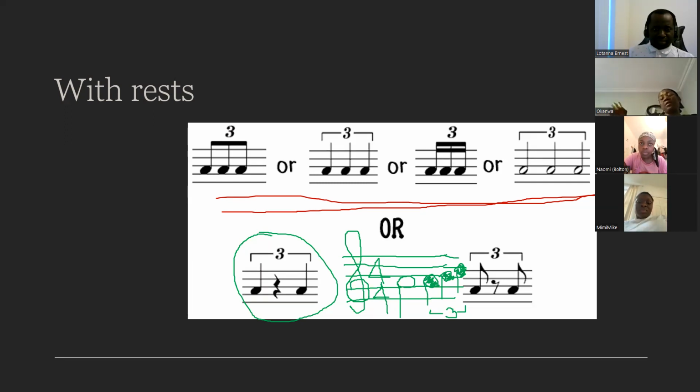It can be even 4, can be 5, can be 9. Then you group them and give them the value of 2, so as to fit in with the time signature, because we already have it. So if we give the 3 crochets the value of 2, it makes it 4/4. Okay, that's that.